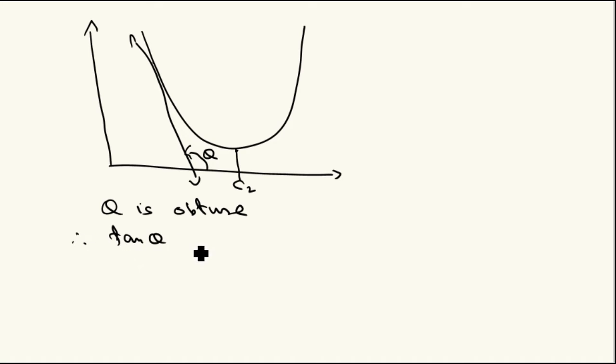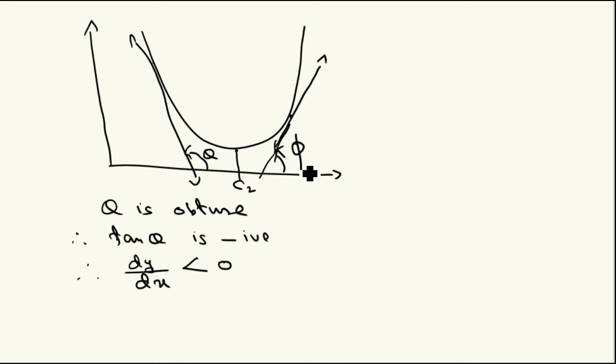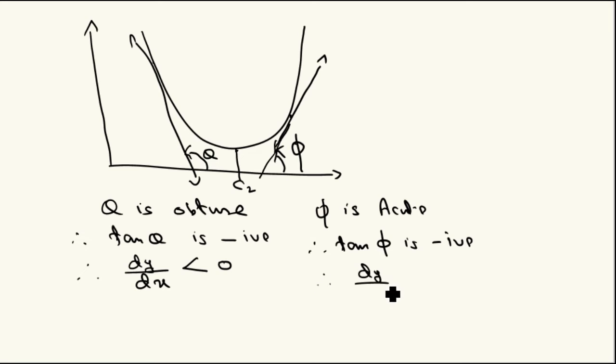Therefore, tan theta is negative. Therefore, dy by dx is negative, less than 0. Similarly, if you take a point on the right side of this C2 and draw a tangent, this also makes an angle phi. Phi is acute. Therefore, tan phi is positive. Therefore, dy by dx is greater than 0.